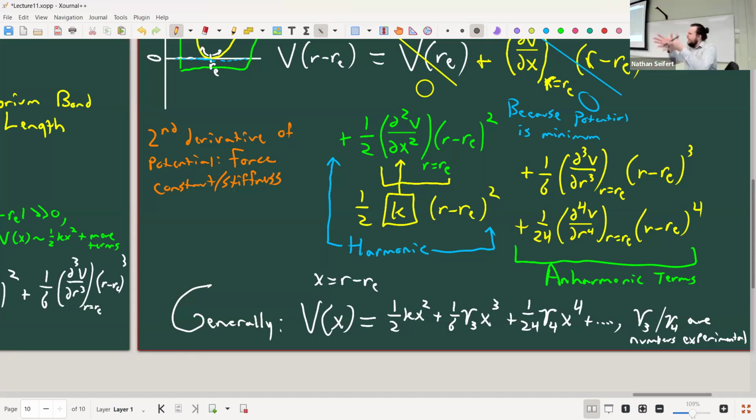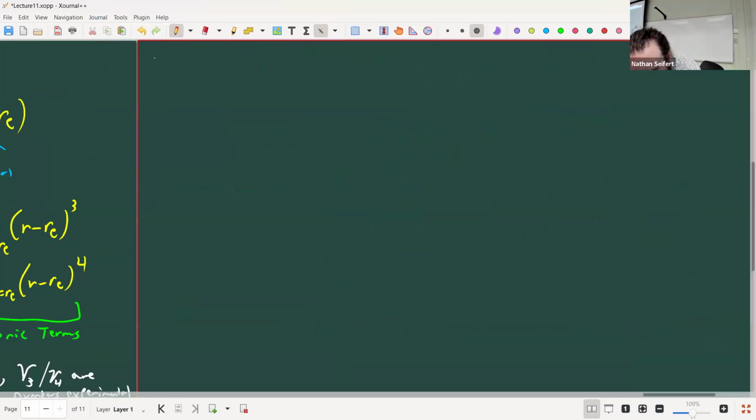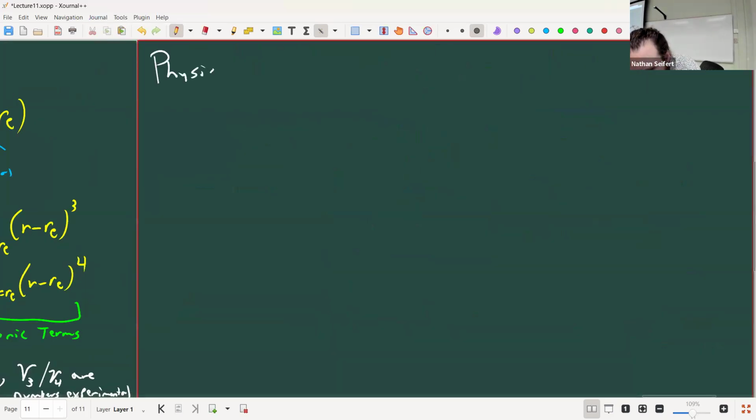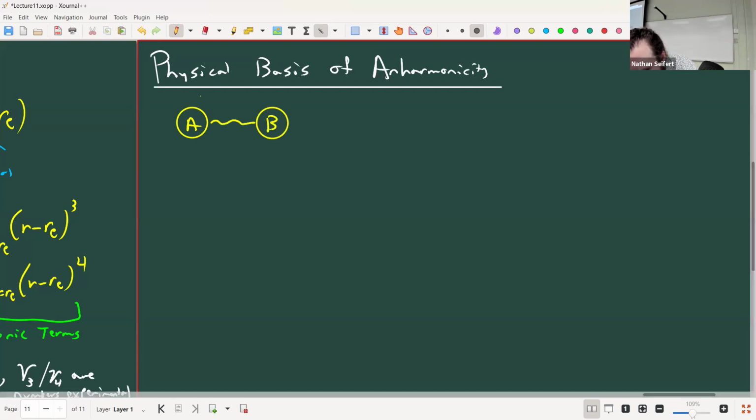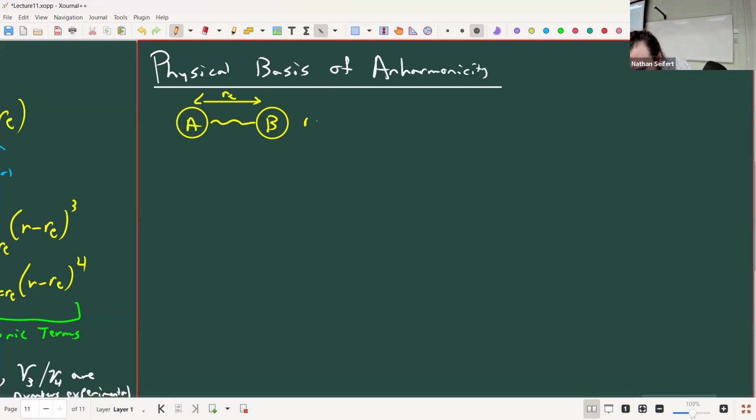Let's think a little bit about how our potential should deviate from x squared as we get smaller and as we get longer. Let's think about those deviations physically. All right, so let's start with a molecule AB that we have set at the middle of its position, R sub e.